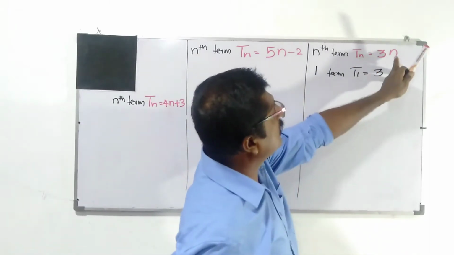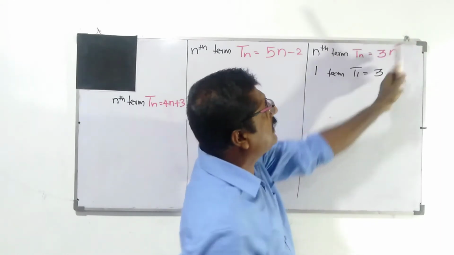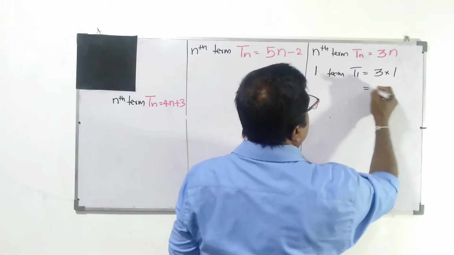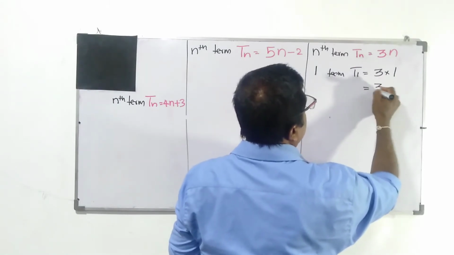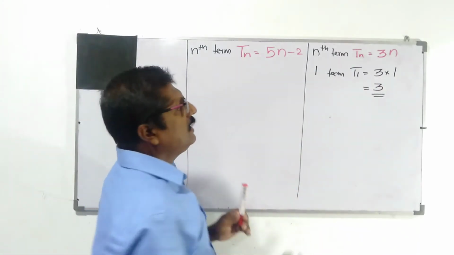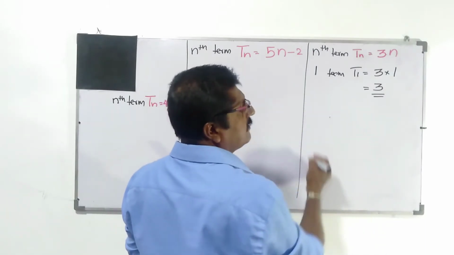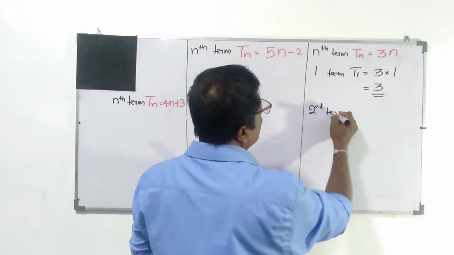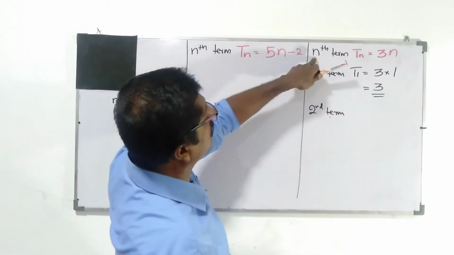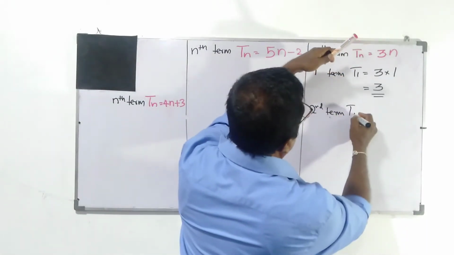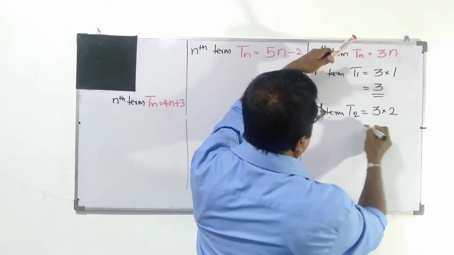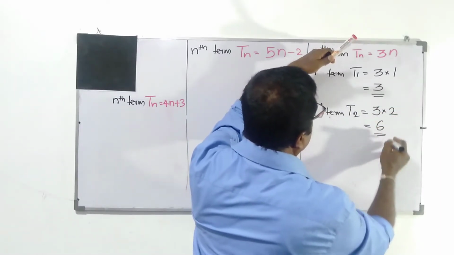Even if you don't write it, you know that there is a multiplication in between. 3 multiplied by 1 equals 3. That is the first term. First term is 3. Now when we want to find the second term, in this place we put 2. T2 equals 3 multiplied by 2 equals 6. That is the second term.